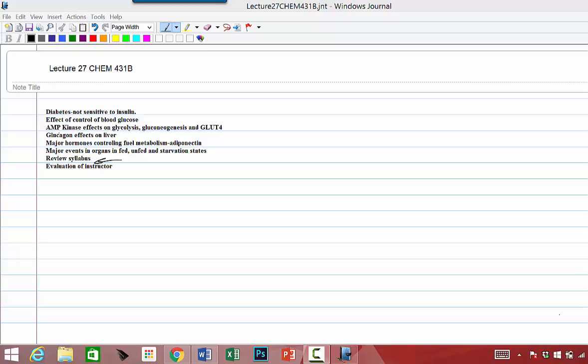Now, we just talked about when you have high glucose, so you've just had a nice meal, and so now you have high blood glucose. What that does is that causes secretion of insulin, and insulin then, at least for the liver, will cause the liver to say, oh, we have times of plenty, so let's go ahead and store the glucose in the form of glycogen, and that's what the liver does.